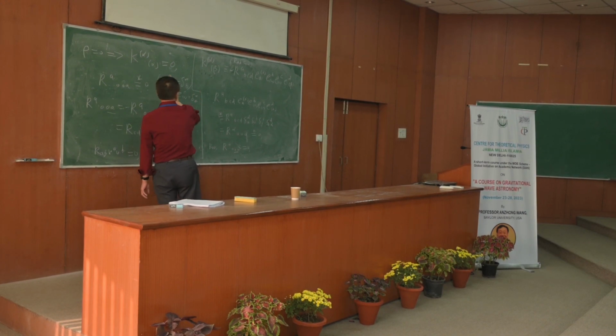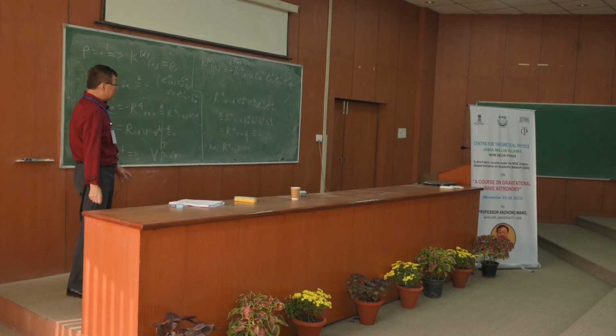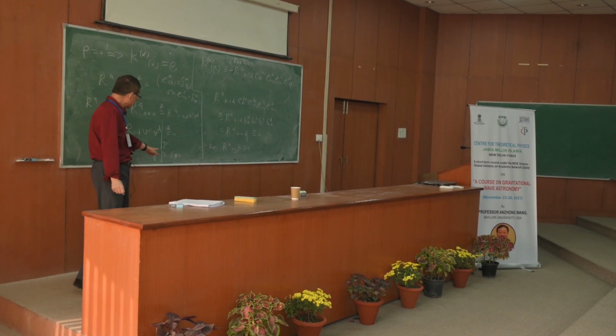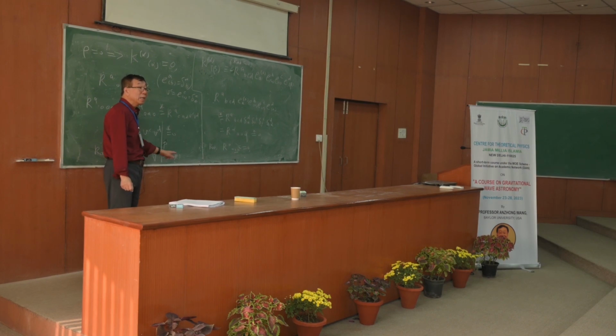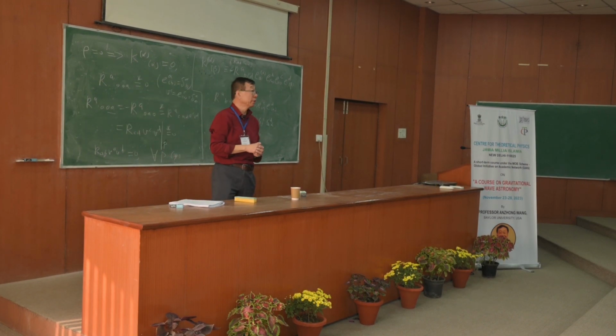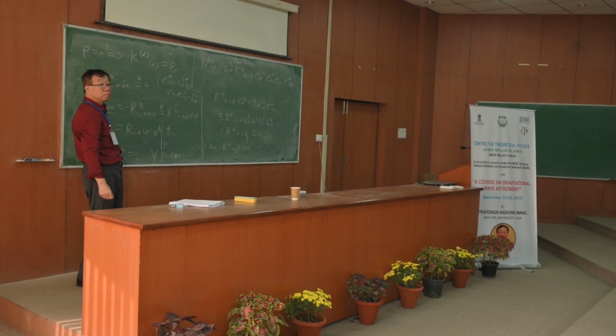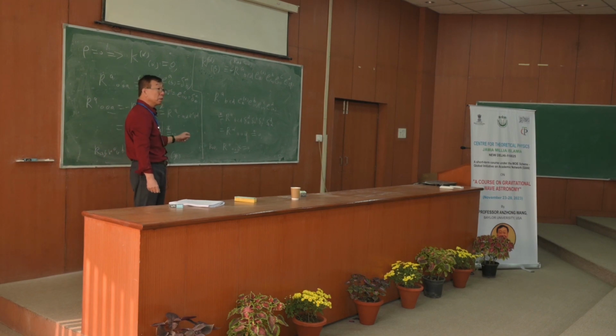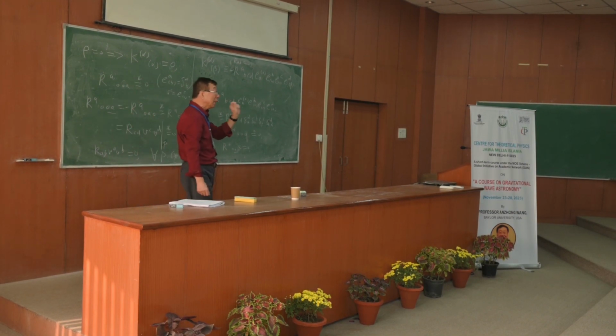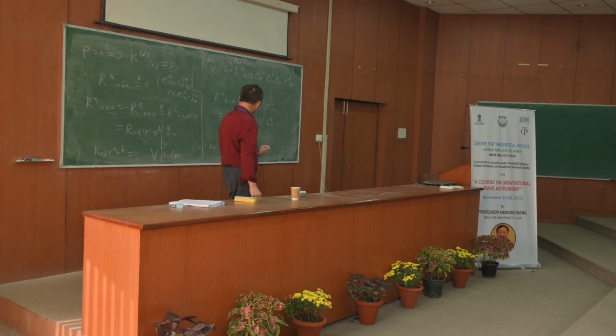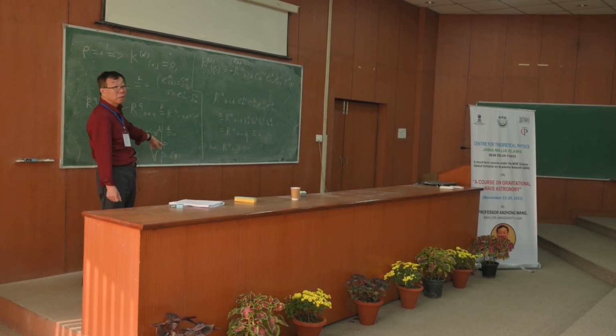So I can always do this. But the problem is this P can be any point in the manifold, right? So then this must be true. So please pay attention to the argument, because this is true for any given point. So this will be true over the full manifold, right?